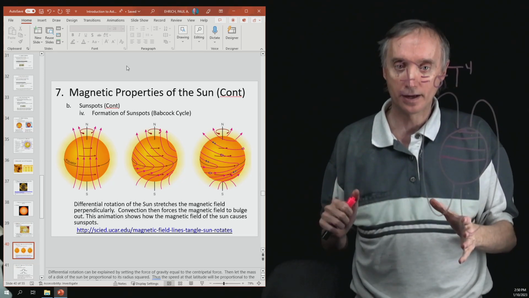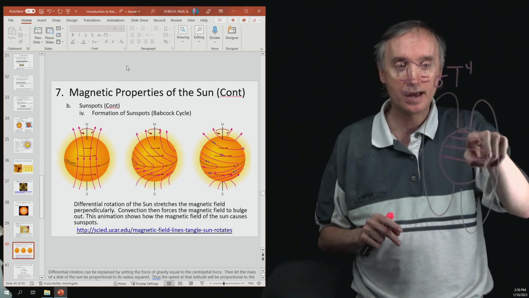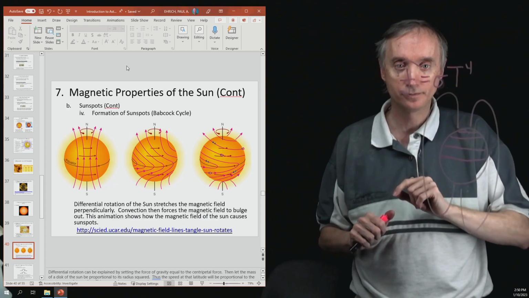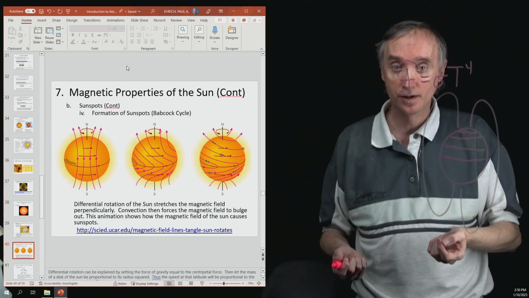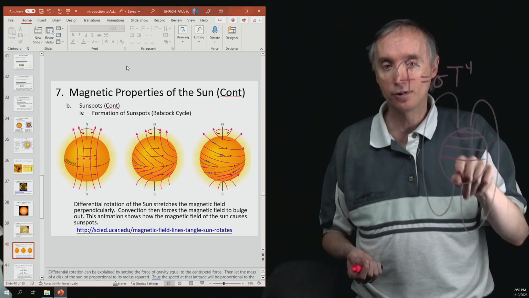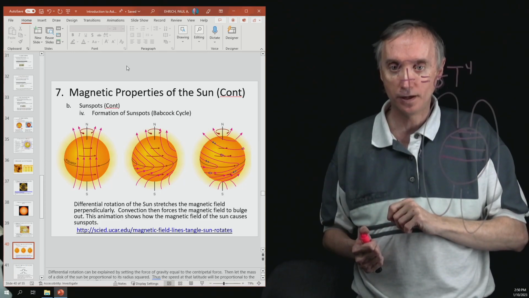It's kind of complex, but just know that at different latitudes, the gases are moving at different speeds. We call that differential rotation. The equator is going to rotate faster than the North Pole.